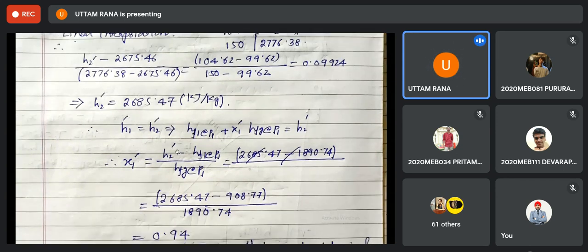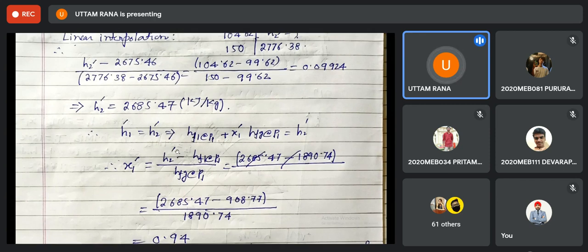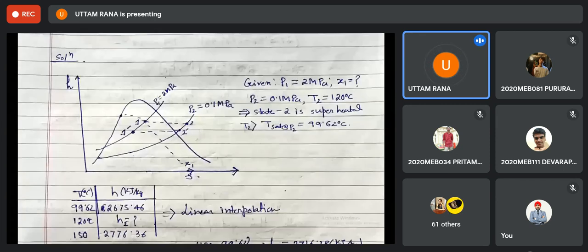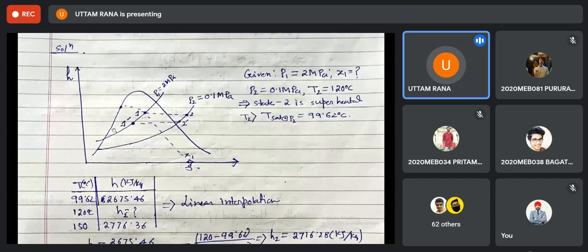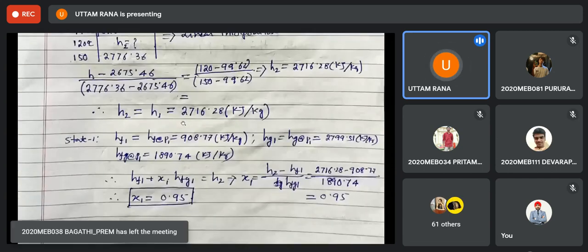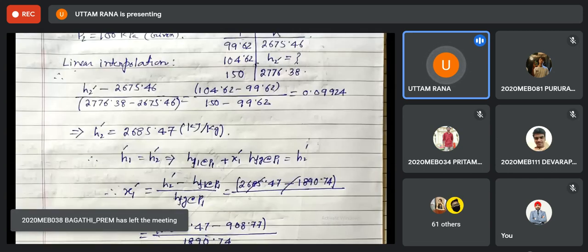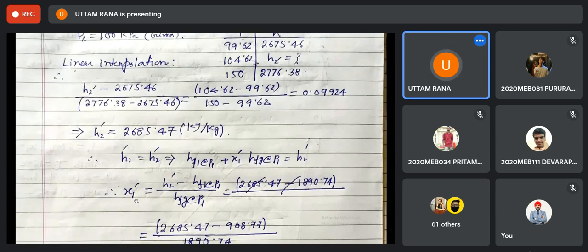Now, during the process, H1 prime should be equal to H2 prime, because now it will go from state 1 prime to 2 prime. It's a constant enthalpy process. So if we equate this, we'll get X1 prime. This is the minimum quality that can be measured.